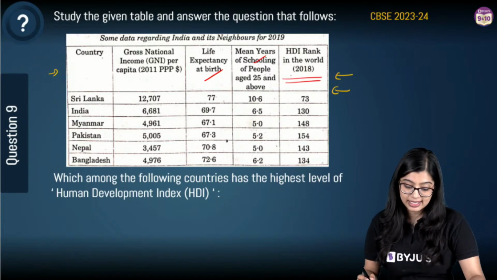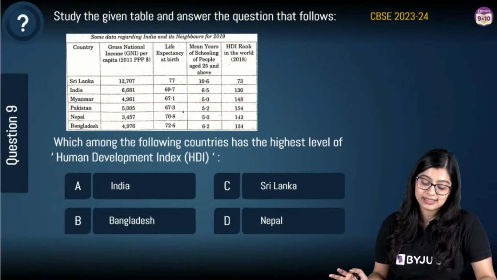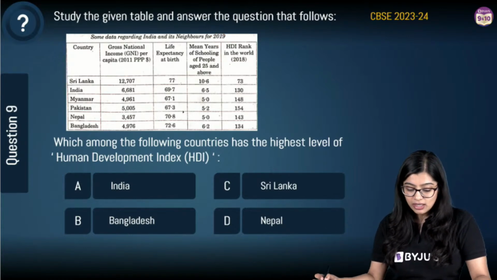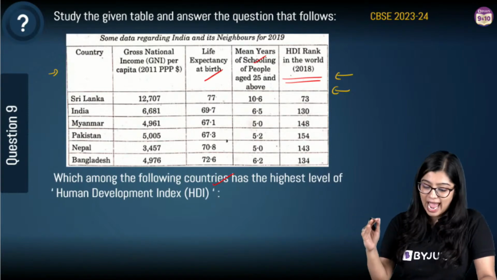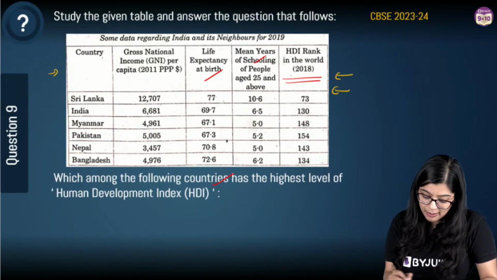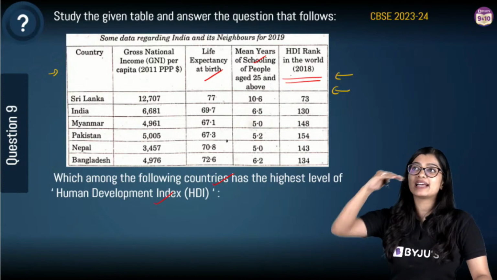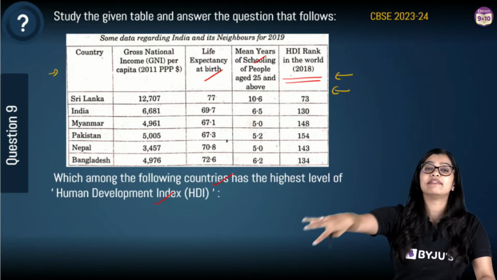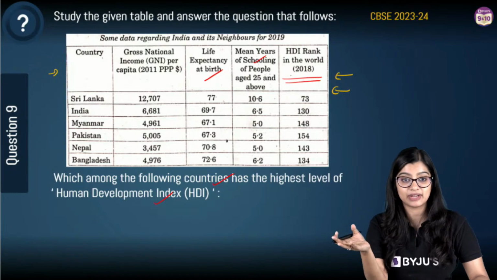Now based on this, which country has the highest level of Human Development Index? This is as per some data given in 2019. What is the answer? Now you know that if we were talking about which has the highest level of Human Development Index, that means that if they are higher on the rank, the living conditions are appropriate and quality of life is comparatively better.